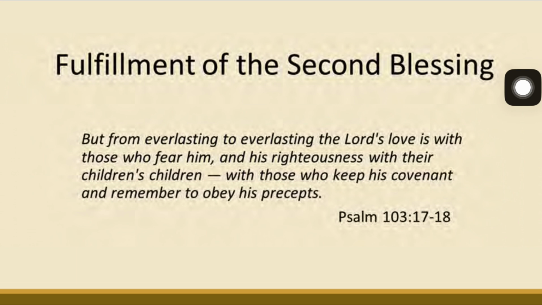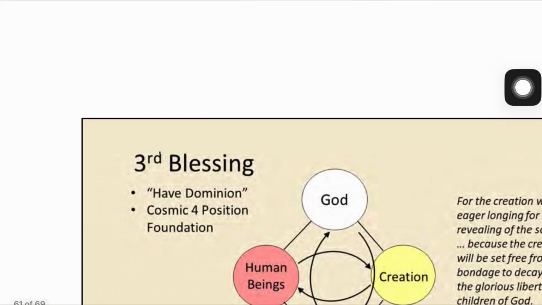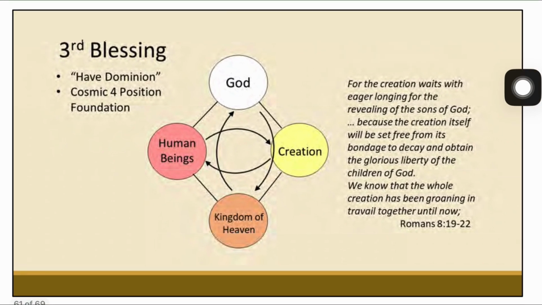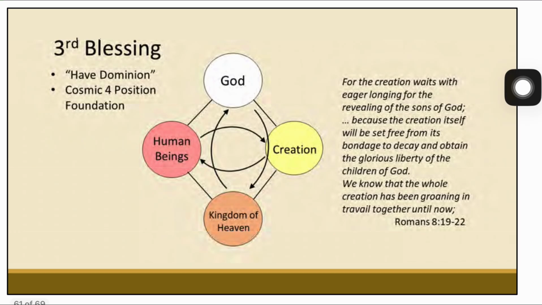So ito, the second blessing, as I'm telling, this is the ability of human beings to create a true family that will perpetuate the love of God and that will bring joy to everybody. Now let's go to the third blessing. God also said, have dominion.